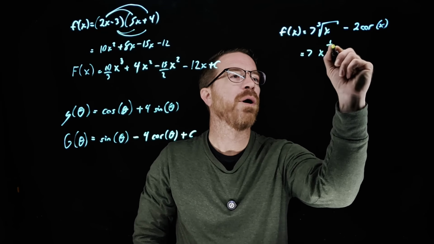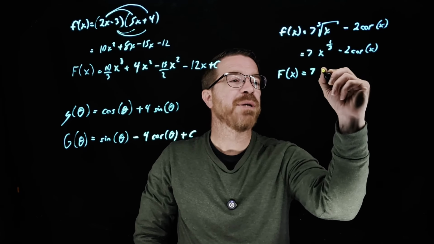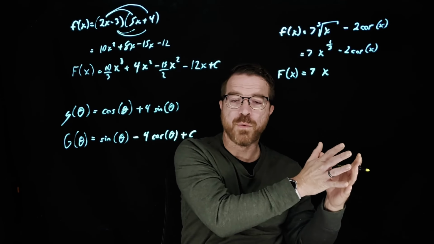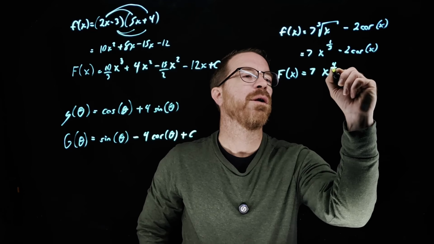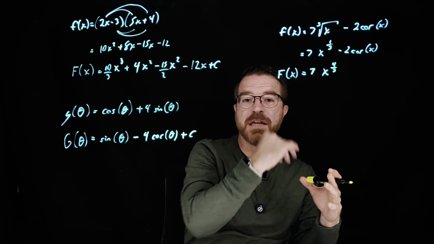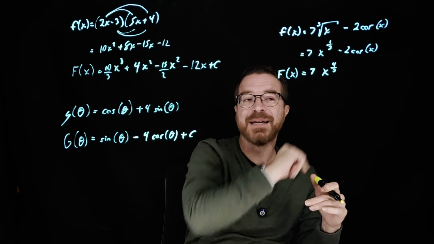Now I'm going to find my antiderivative. So capital F of x is equal to, leave this 7 alone, I have x to the 1/3. So this is going to become x to the 1/3 plus 1, which is the same thing as saying 1/3 plus 3/3, which would be 4/3. Remember, whenever we do the inverse of our power rule, we do 1 over whatever our new power is going to be when we're taking the antiderivative.